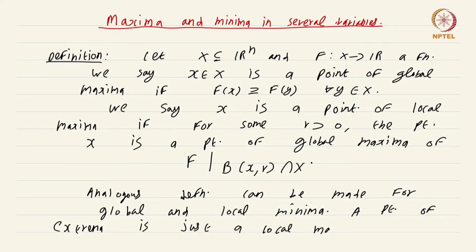Such points are called points of extremum or extrema. So at an extremum, we already know that the gradient vanishes. That was left as an exercise for you. For completeness' sake, I'm going to prove it now again.